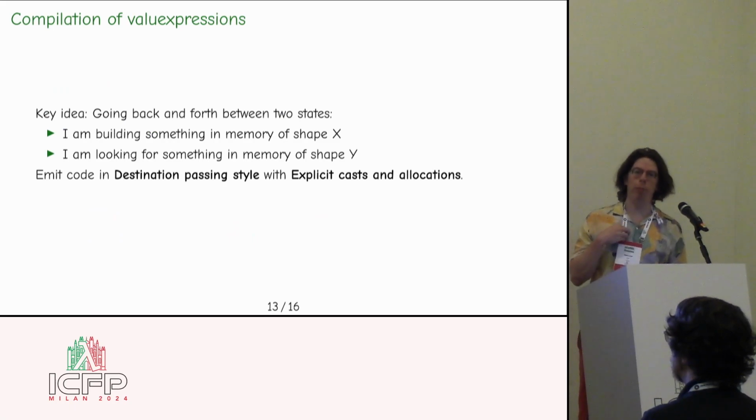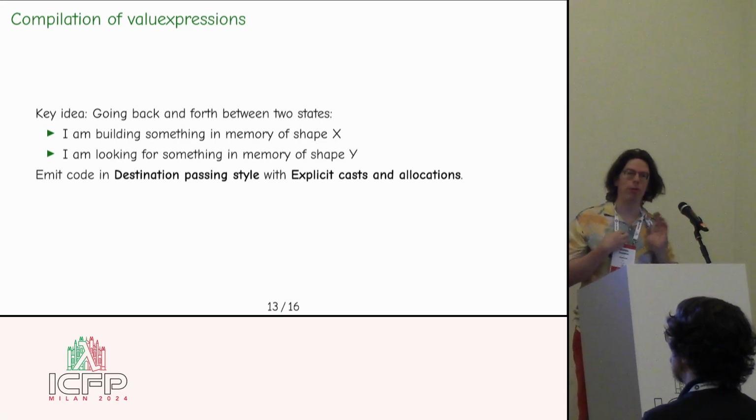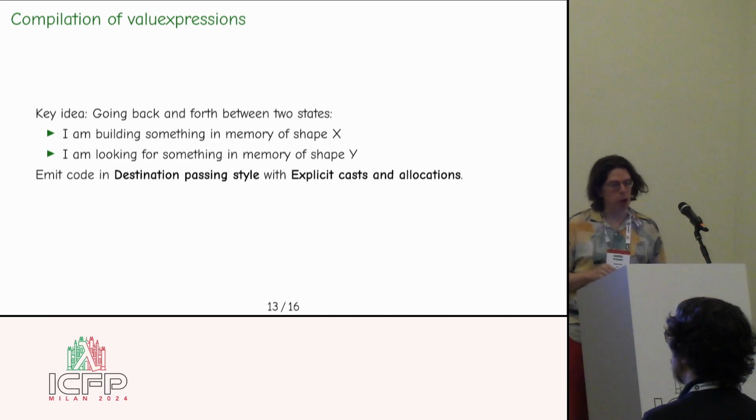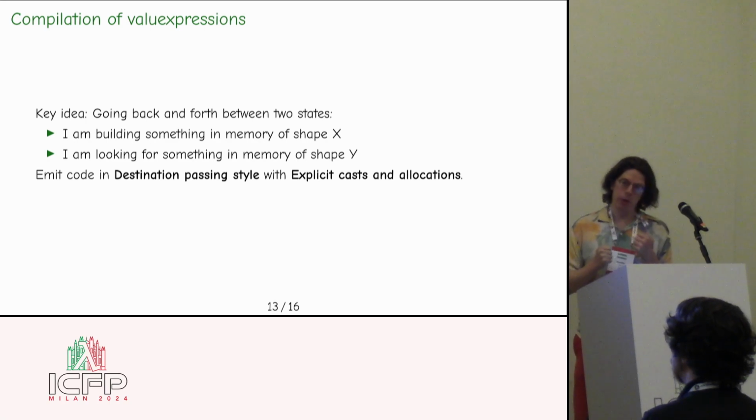The compilation algorithm, I'm not going to show you. It's in the paper, and you can look at the link on the ICFP website. It's a bit too complicated to fit into a few slides. But the key idea is we're going to go back and forth between two states.